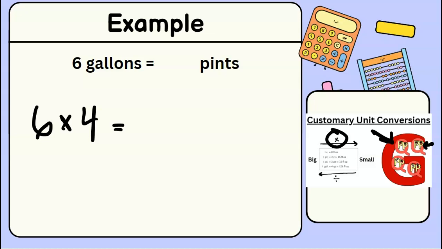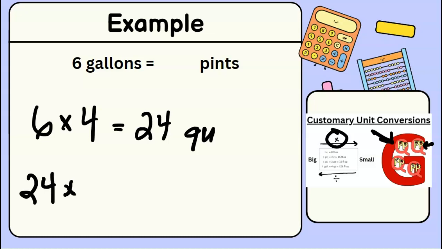So if I have 6 gallons, each gallon has 4 quarts in it. I know that I have 24 quarts in 6 gallons, but I want to get to pints. So I need to look at how many pints are in 1 quart. I'm going to take how many quarts I have, 24, and my conversion measurement, which is 2, because 1 quart is equal to 2 pints.